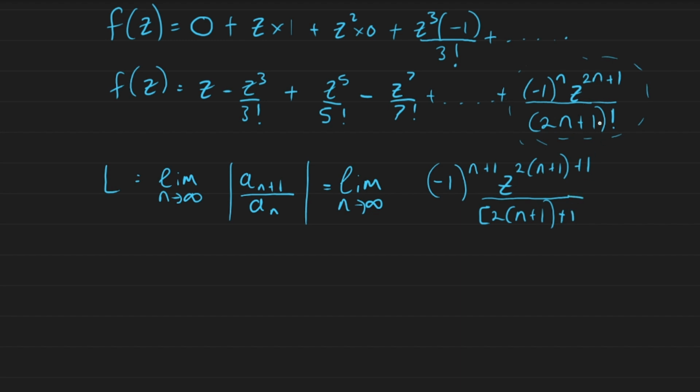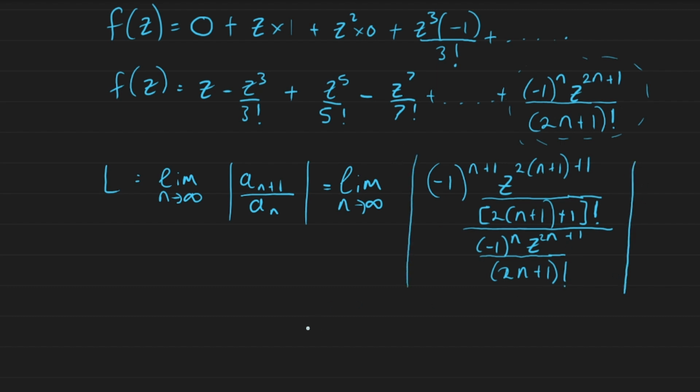So this plus 1 here is the one that we have to write here. And this whole thing is factorial. So that was only the numerator, okay? That was only the numerator. We now have to divide by this a_n. So that is (-1)^n, z^(2n+1) divided by (2n+1) factorial.